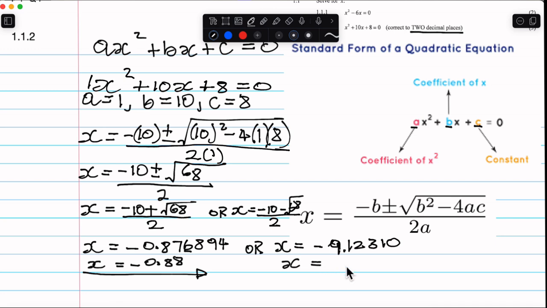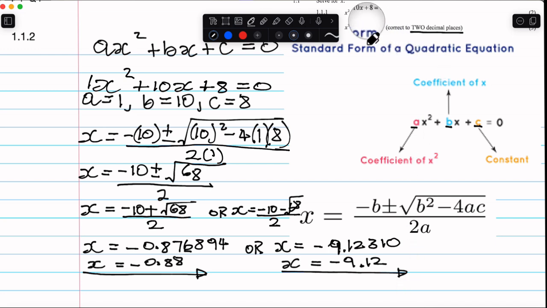So let's see what we get here. So okay, decimal point 1, 2. Let's look at the third digit. This one is less than 5, so we don't need to add 1 to the digit in the second decimal place. So this will be negative 9.12. So this is the second value of x.